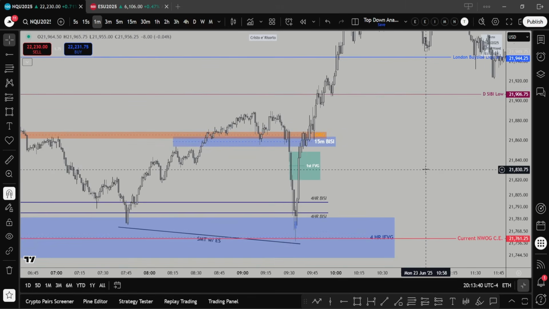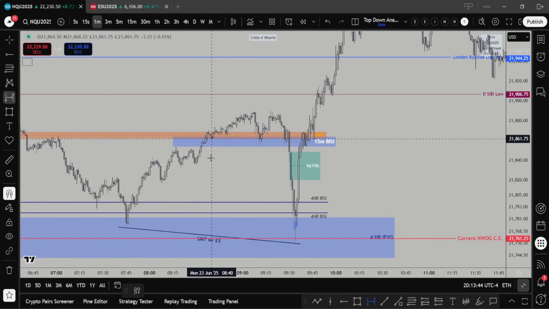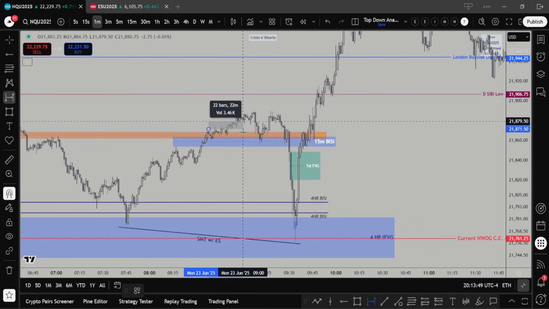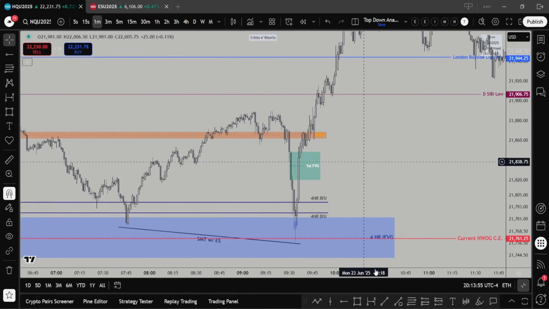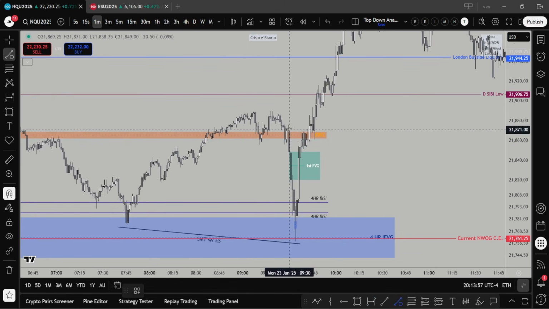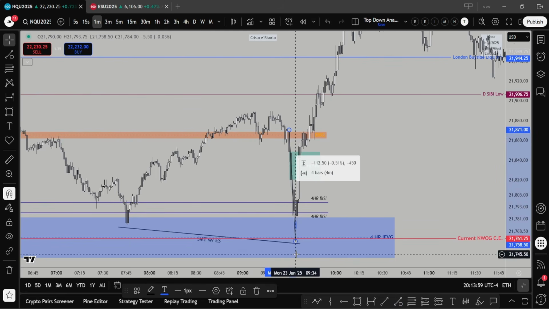So a lot of people ask me, how do you journal? Well, for example, inside of this, I'm looking at how long was that consolidation. Well, it was 52 minutes until 9:30. And then I'm going to say, how far did 9:30 drop in that price run? 112 points in 4 minutes.